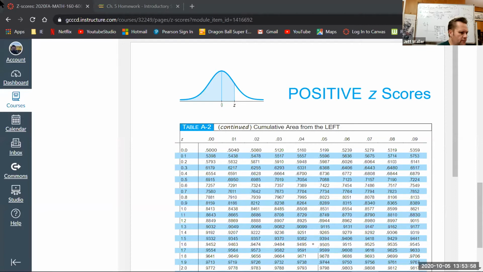So let's try a problem out, just so we all remember how this thing works. What's the probability that I get a z-score less than, what do you got, Jeff? 1.08.